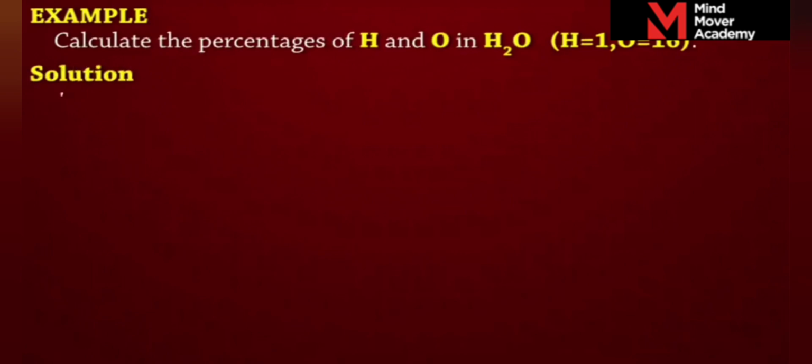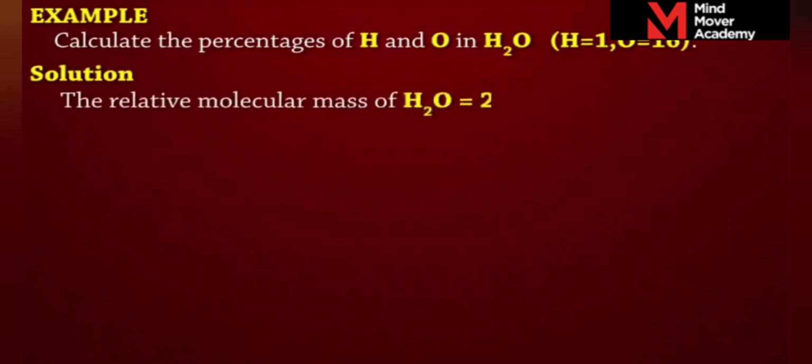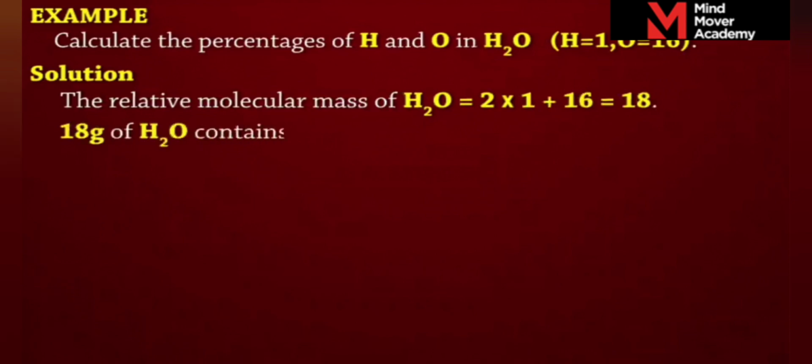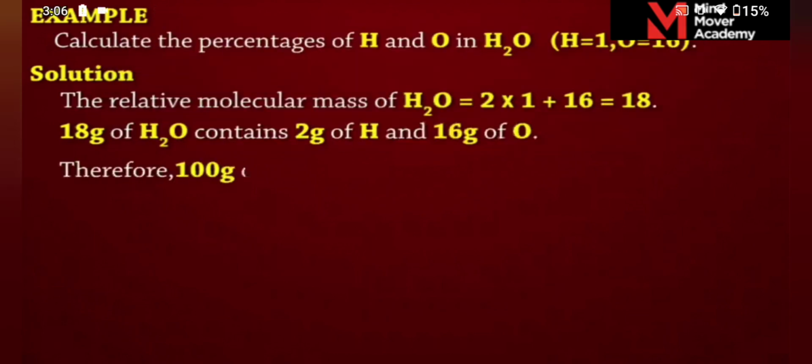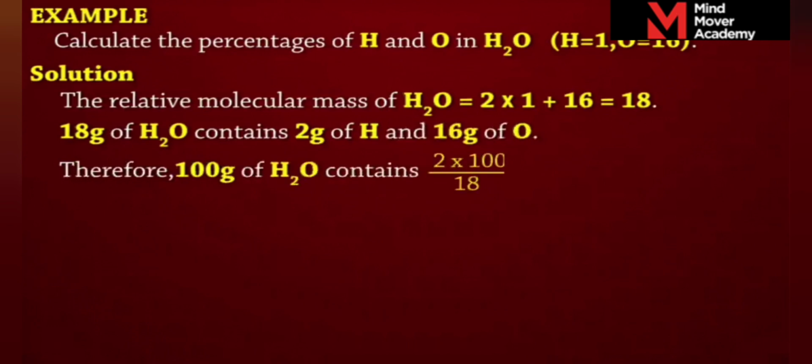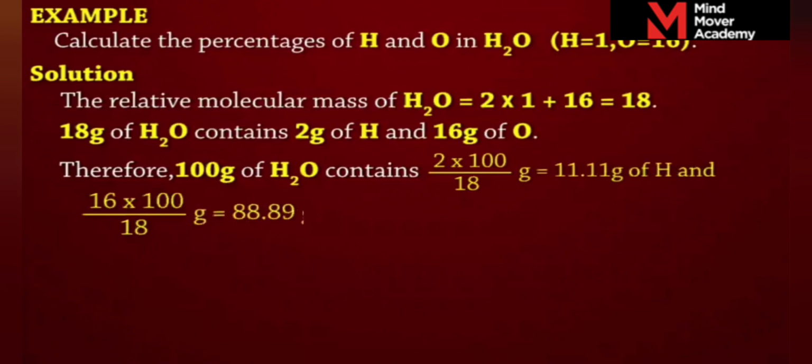Let's solve this. The relative molecular mass of water is equal to 2 into 1 plus 16, which is 18. 18 grams of water contains 2 grams of hydrogen and 16 grams of oxygen. Therefore, 100 grams of water contains 2 into 100 by 18 grams, equal to 11.11 grams of hydrogen, and 16 into 100 by 18 grams, equal to 88.89 grams of oxygen.